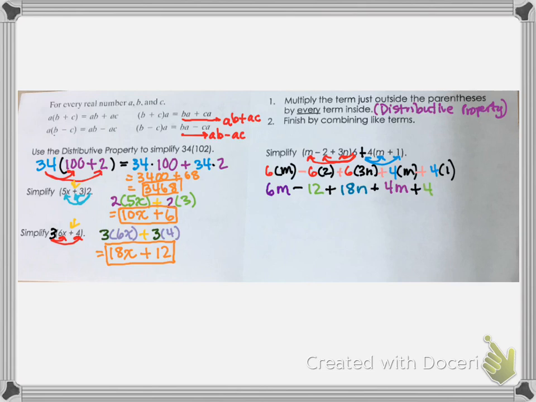So if you notice, I've got some color coding going on, so I'm going to kind of bring them together. So we've got 6m plus 4m, and then we're always going to use pluses in between. And then we have 18n, so I always put the variables first, and I put them in alphabetical order. M comes before n. And then I'm going to put my constants at the end. And again, I'm just going to always use a plus at this point.